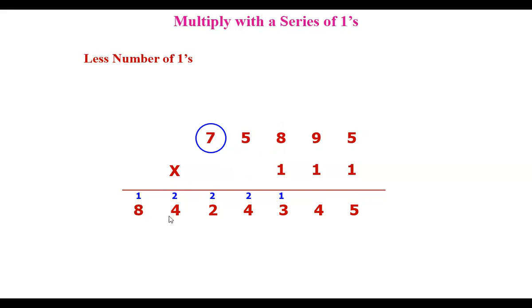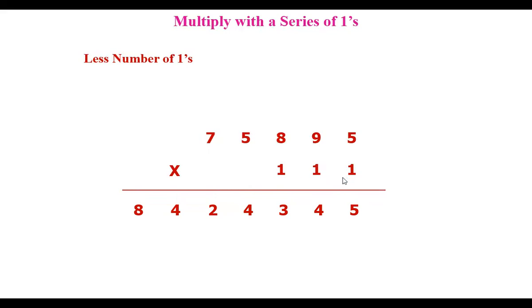So 84,24,345 is the answer when you multiply a 5-digit number with 111. Clear? So like this, you can apply to any type of numbers, even if they have fewer digits in this.